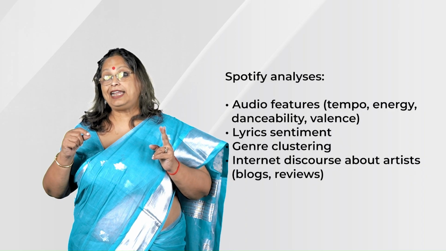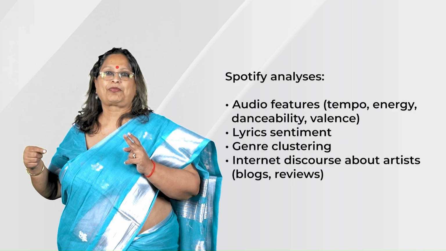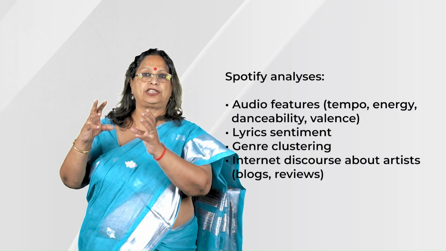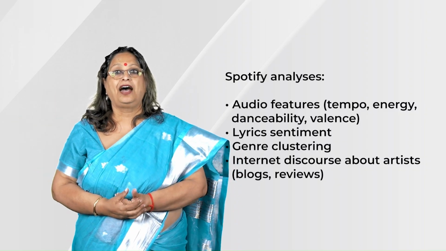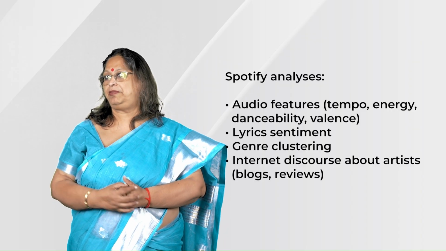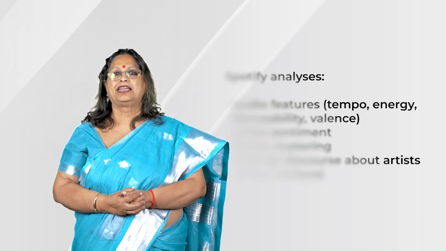Second, lyric sentiment. What kind of music are you listening to? Genre clustering. Are you listening to Indian classicals or jazz or rock or Bollywood? Are you listening to internet discourses about the artists? Remember the blogs and the reviews and the podcasts that we were talking about just now?